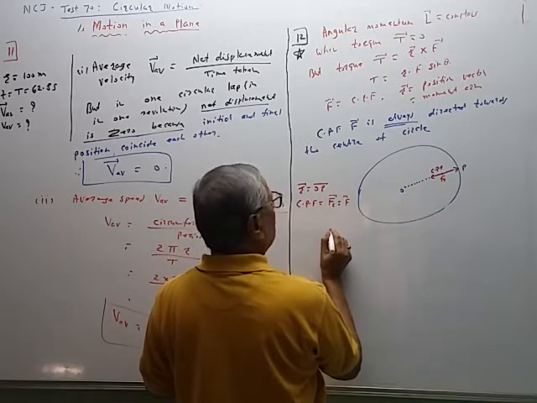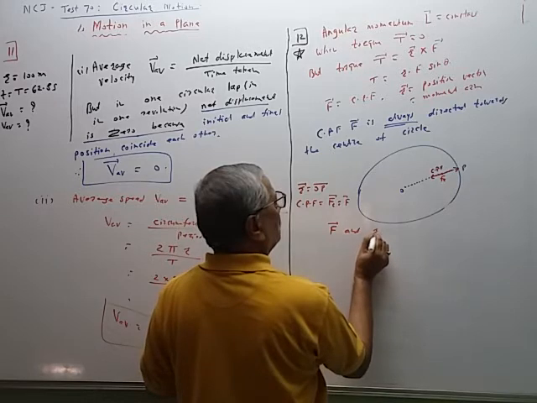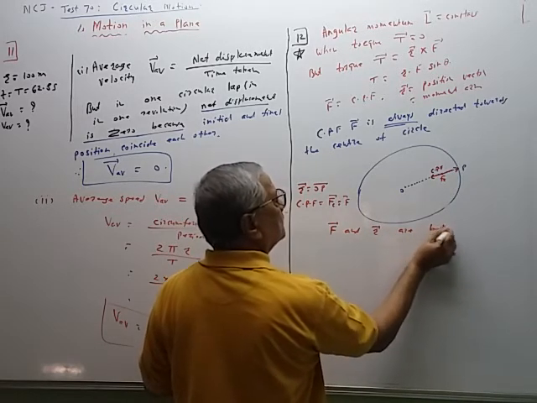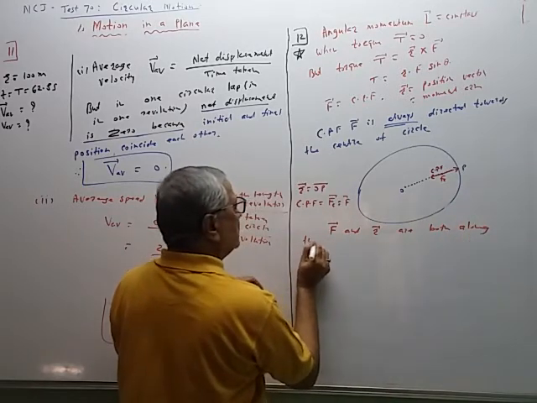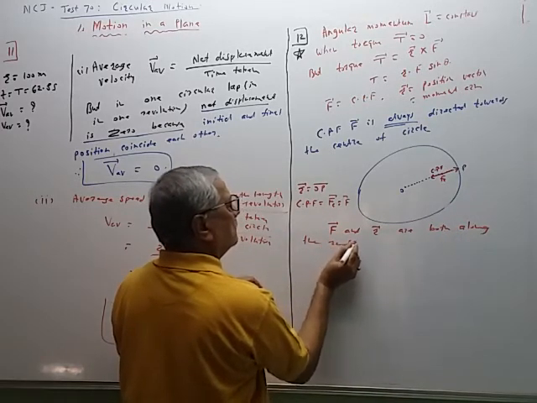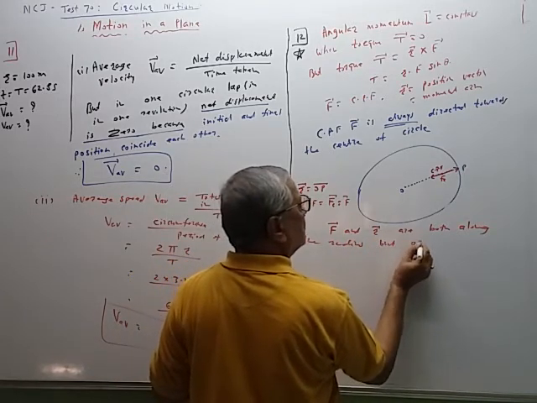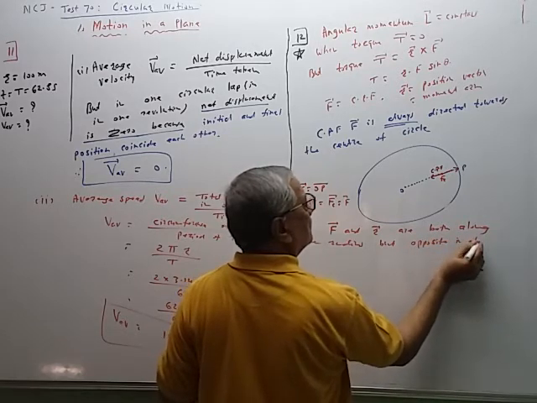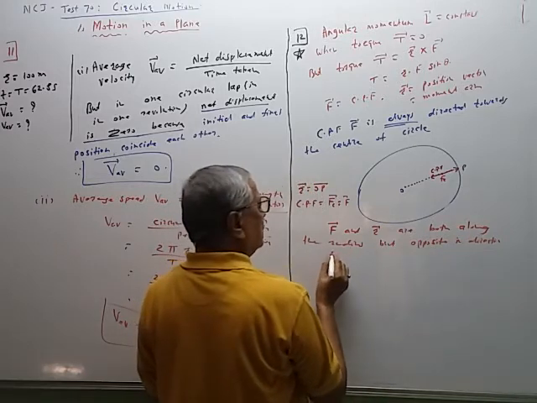So F and R are both along the radius, but opposite in direction. One is toward the center, the other is away from the center, but opposite in direction.